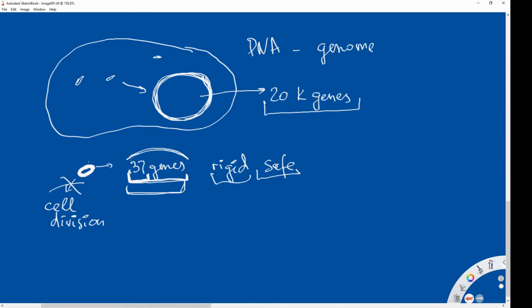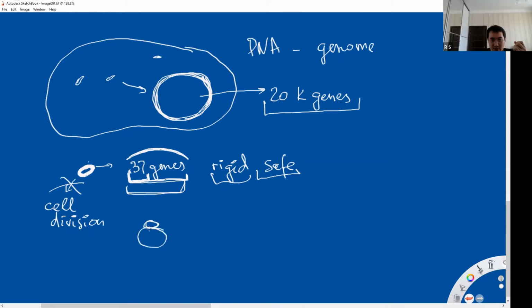That's not the last thing that is special about the mitochondria. They also have their own ribosomes. And they have a prokaryotic type of ribosome. They are smaller, and they are also controlled by these 37 genes.